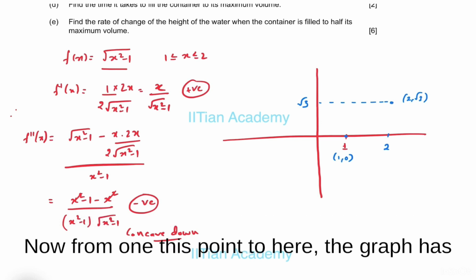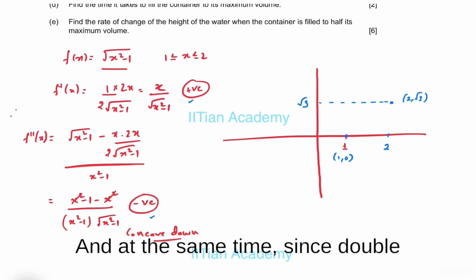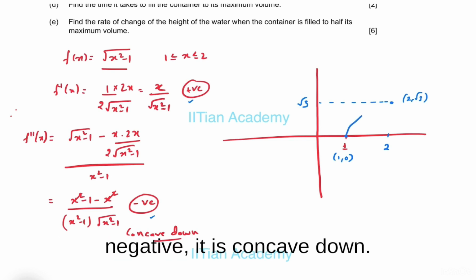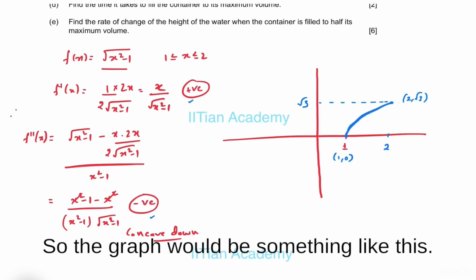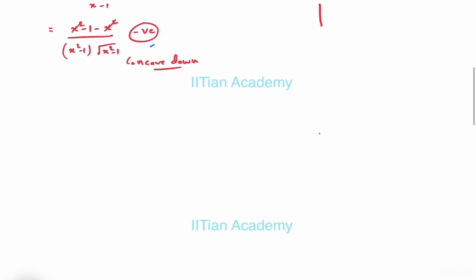From this point to here, the graph is increasing because f'(x) is positive, and at the same time, since the second derivative is negative, it is concave down. So the graph would be something like this. So this will be the graph between 1 and 2.